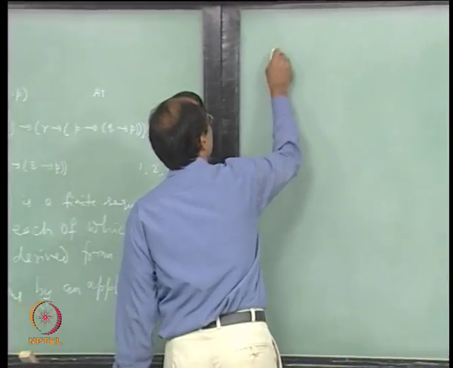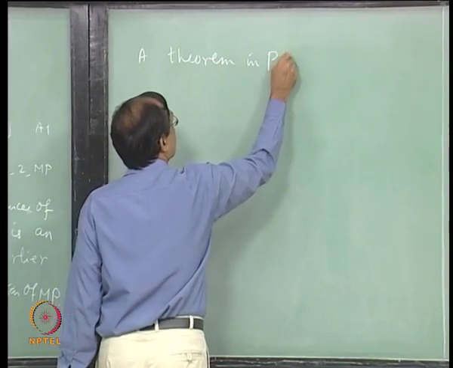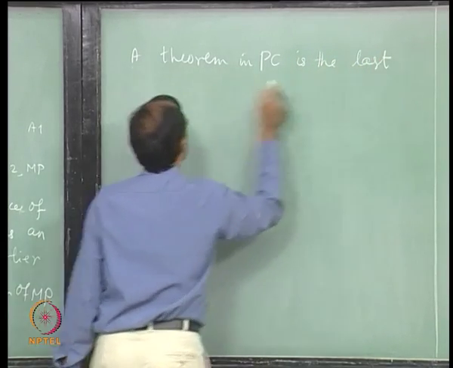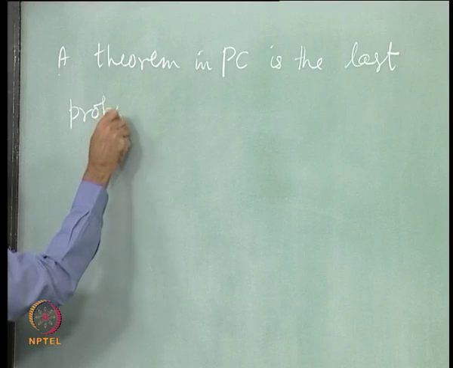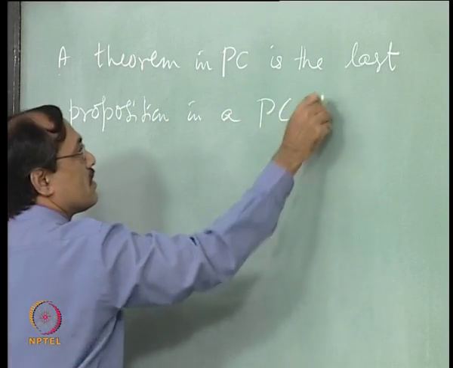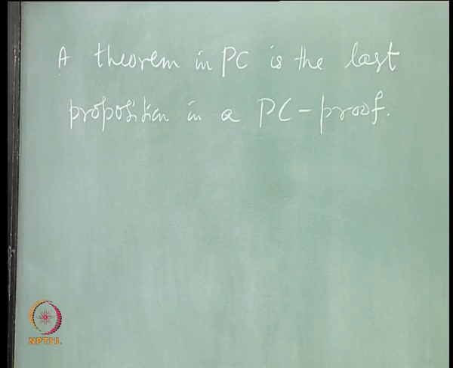So a theorem in PC is the last proposition in a PC proof. So now our basic concern is just to derive theorems. We go on deriving theorems by following this rule. That is all we will be doing.